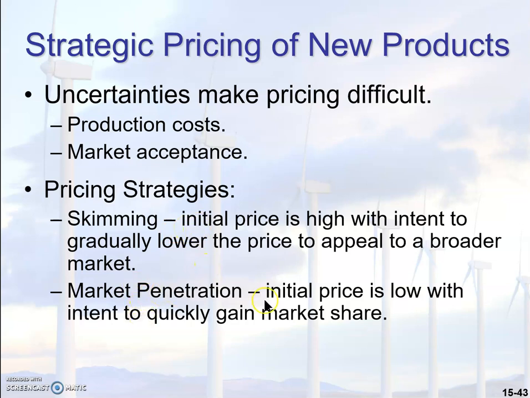And the second one is market penetration. When the product is too new for the market and they know that it's a very intense competition, they may need to set the price low so that they can have a good market share. If they set a high price, their product might not be accepted by the market.